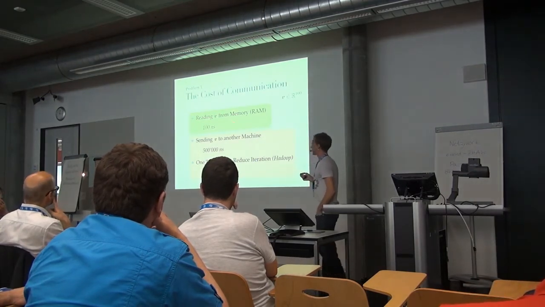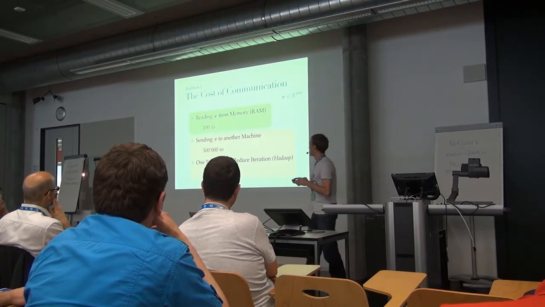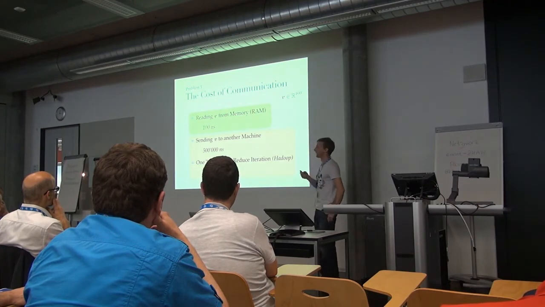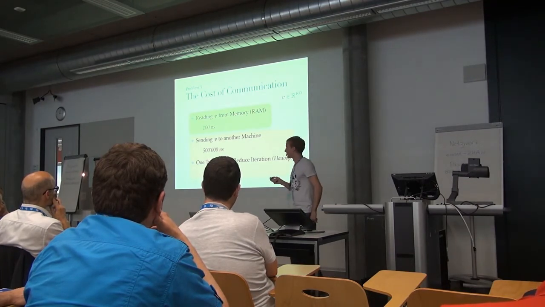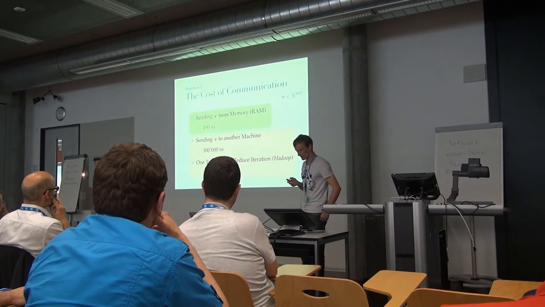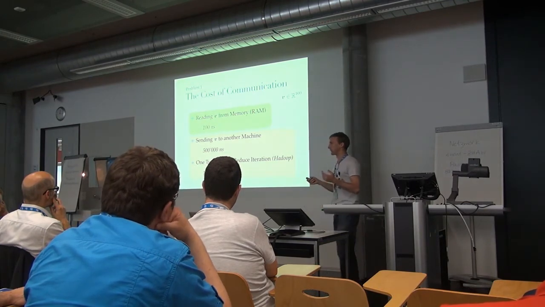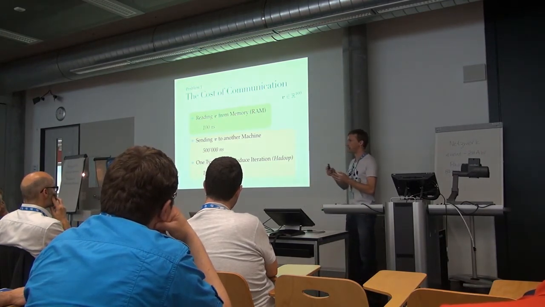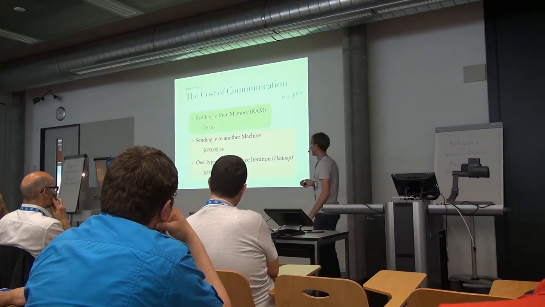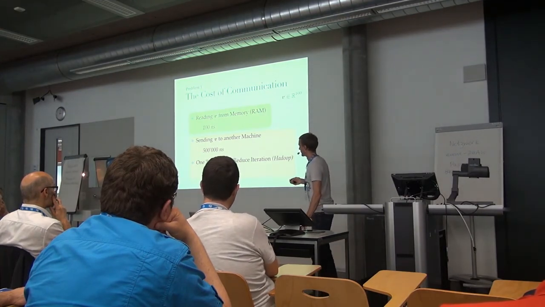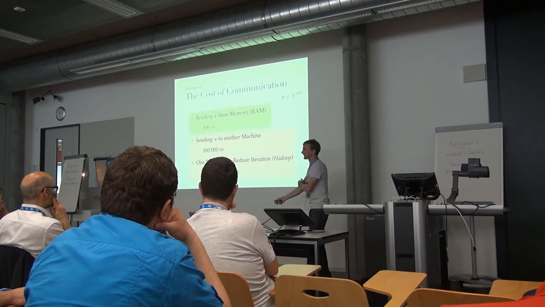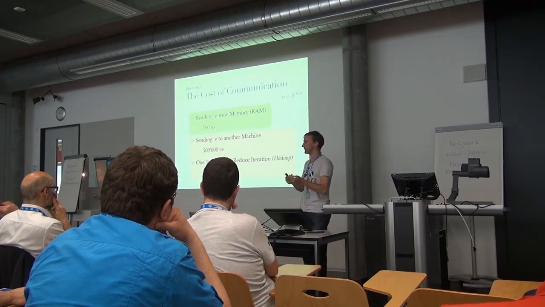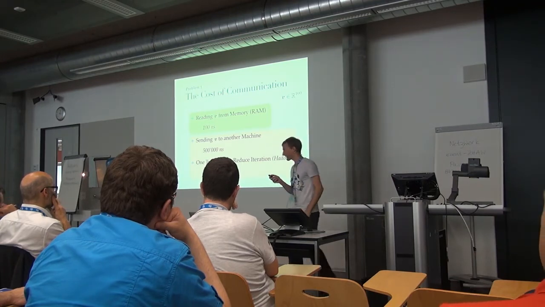So how much does it cost to just look at the vector? This is in RAM, we assume, so maybe it has 100 entries. Then it takes about 100 nanoseconds, and that's also the time it takes to do a step on a computer, because we just add it up. Then we send it to another machine, and it's easily 5,000 times slower, because it has to go through an Ethernet cable and some communication has to be set up.